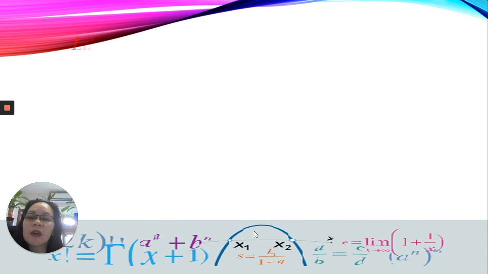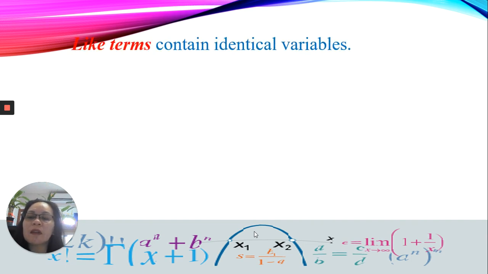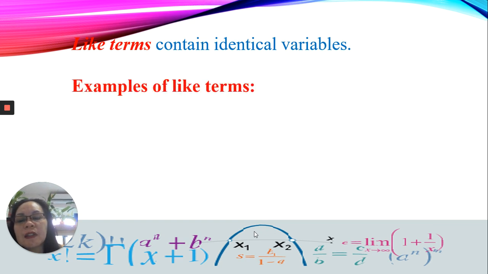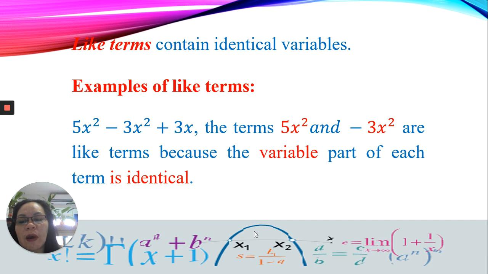Then you have coefficient. Oh, like terms first. Like terms contain identical variables. So you have, for example, this expression 5x squared minus 3x squared plus 3x.